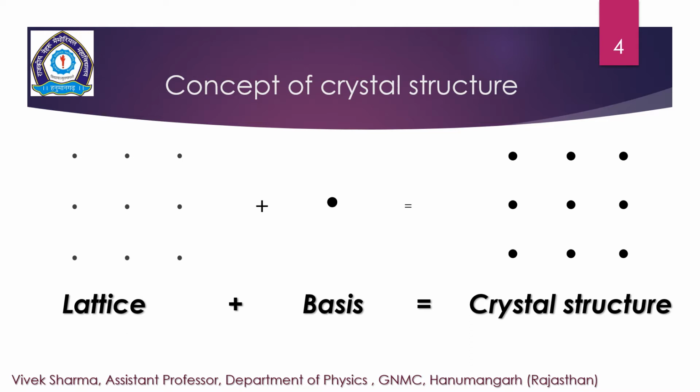In the given slide, a two-dimensional crystal lattice is shown and a dot-shaped basis is shown. Initially, the lattice points are shown by small dots, and when this basis, or bigger dot, is placed at the position of that small dot, we obtain this crystal structure. So it is the very basic definition of how crystals are formed.